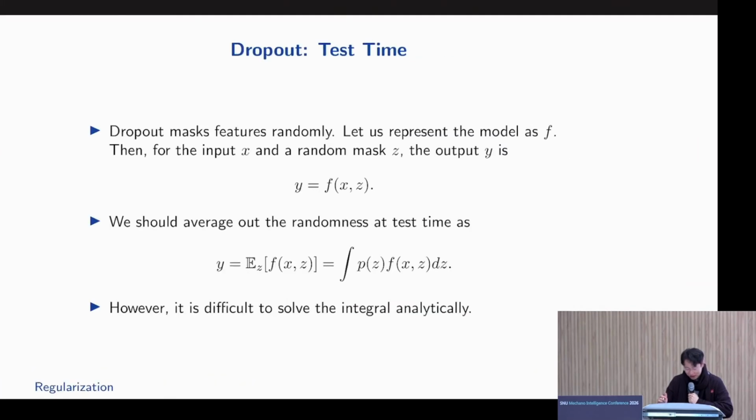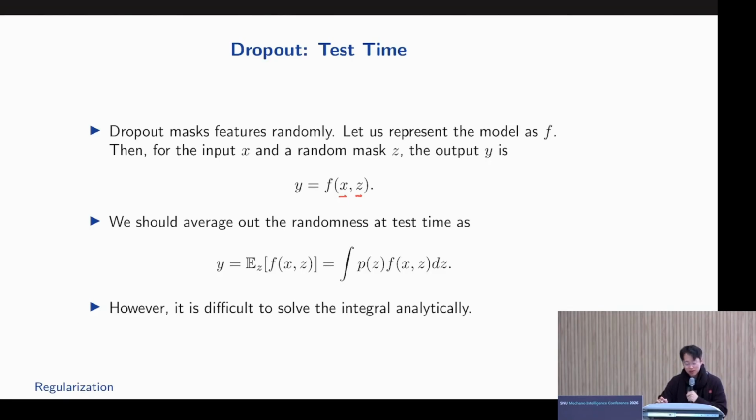So let's really think about what happens during test time. It randomly masks activations to 0, and let's represent the model as f. Then for input X and a given random mask Z, your output is going to be Y. And during test time, you don't want any randomness.